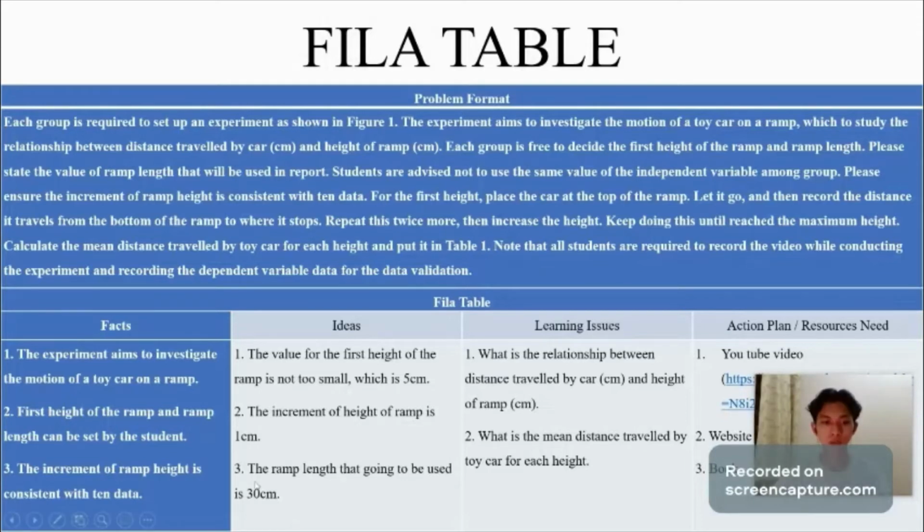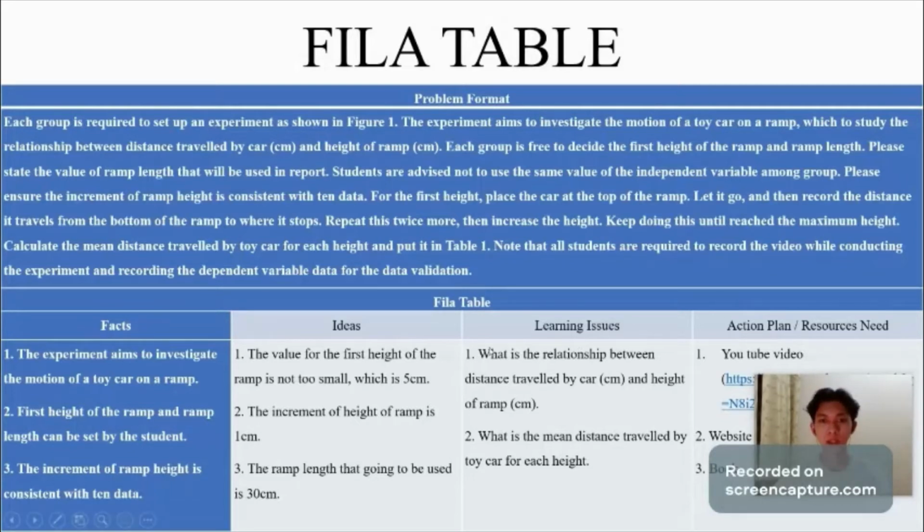The third one is the ramp length that is going to be used, which is 30 cm. So the distance that the car will travel from the bottom of the ramp to where it stops is not too far or too close, not too small a value, so the data would be easy to calculate.